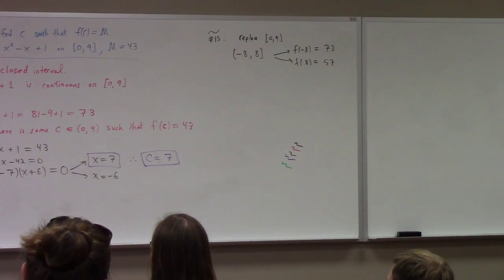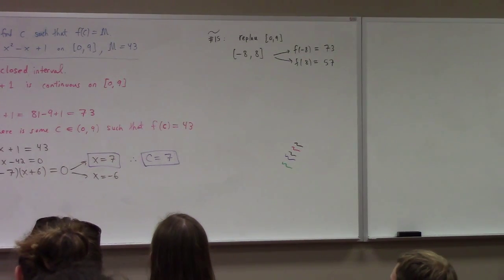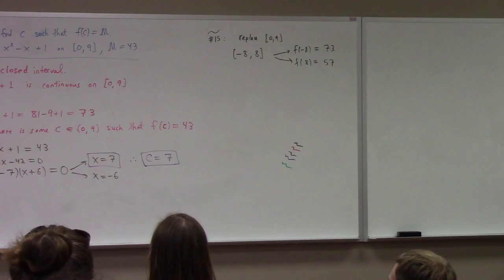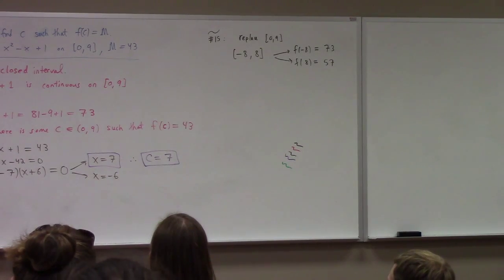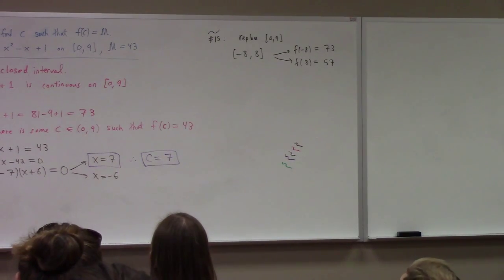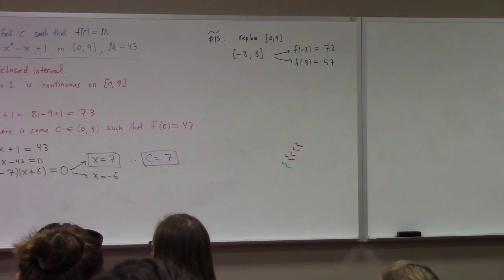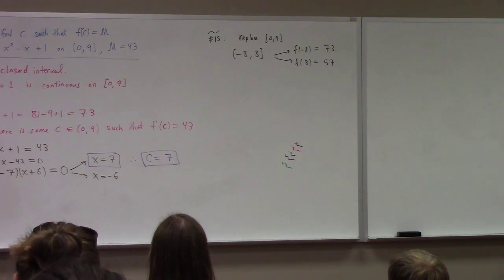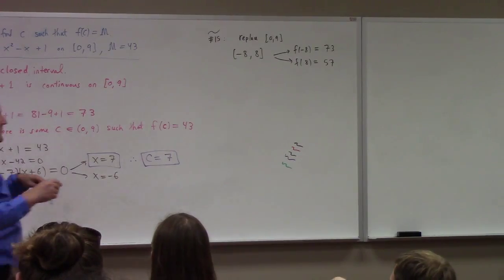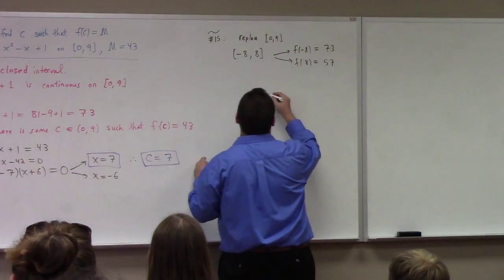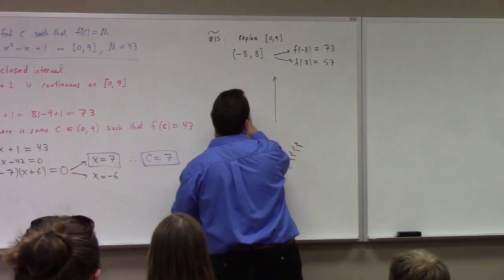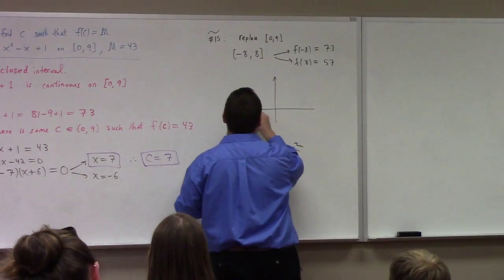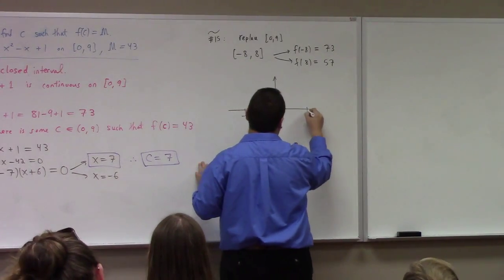All this theorem says is that if you have a value between, in our new example, 57 and 73, there's some value between minus 8 and 8 which we can put into the function and get back that value between 57 and 73. It's really easy to understand what's happening geometrically. It's not really that surprising once you think about what's going on geometrically here.